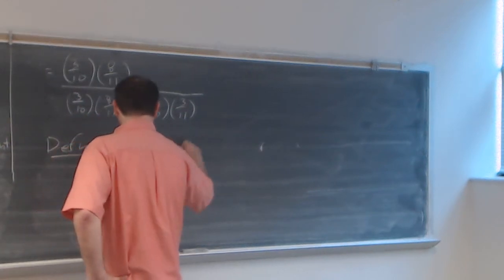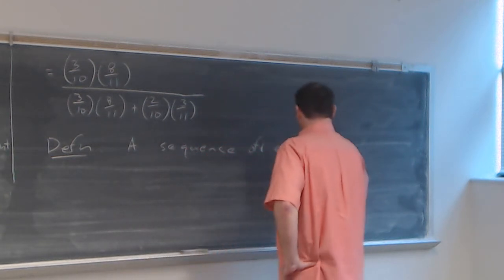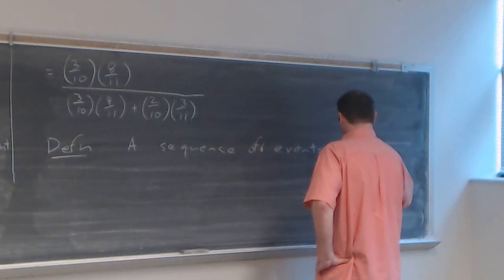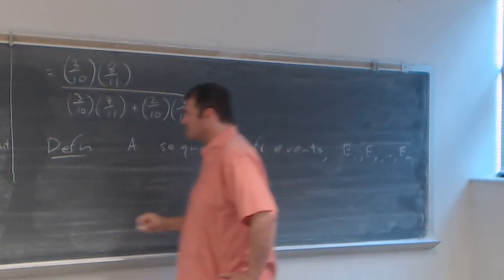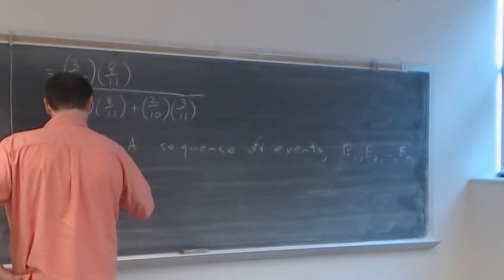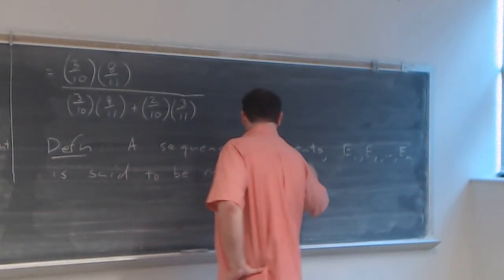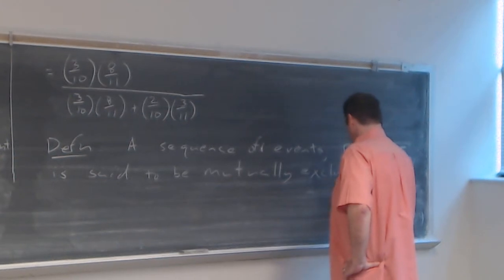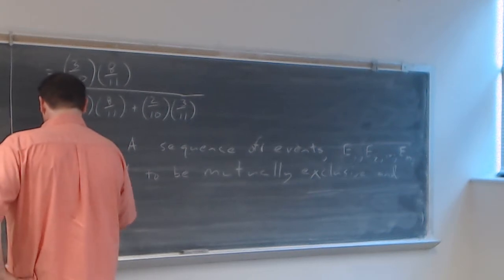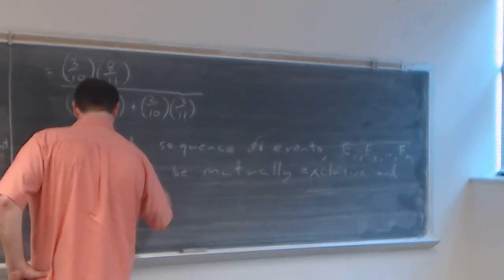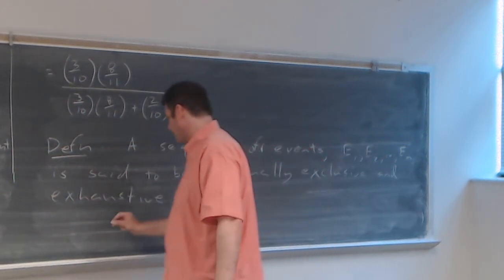A finite sequence of events, let's say E1, E2 up to En, is said to be mutually exclusive and exhaustive if two things happen.